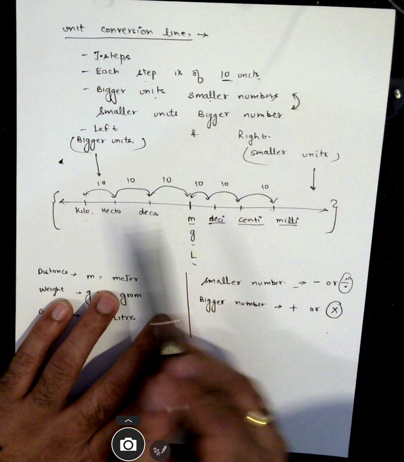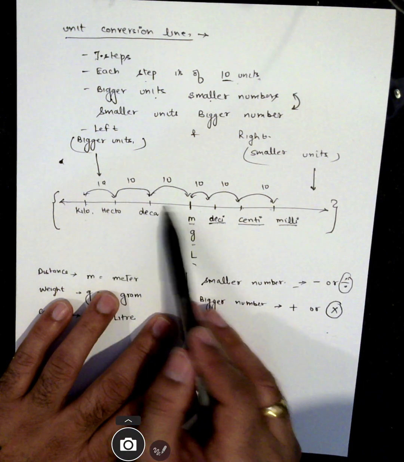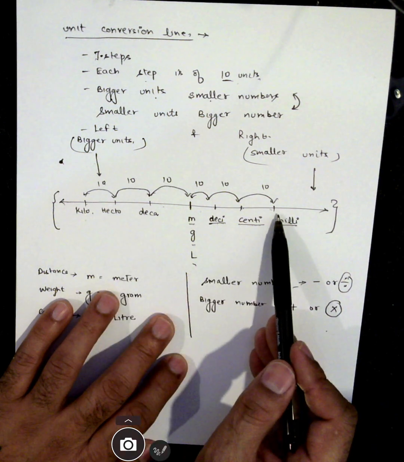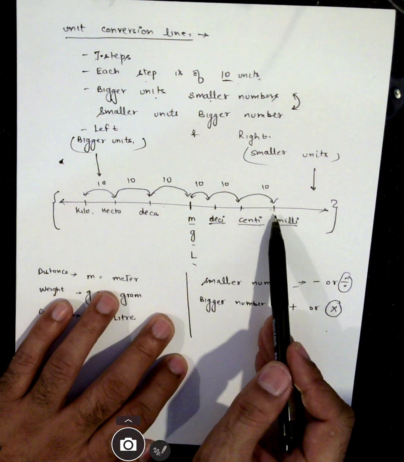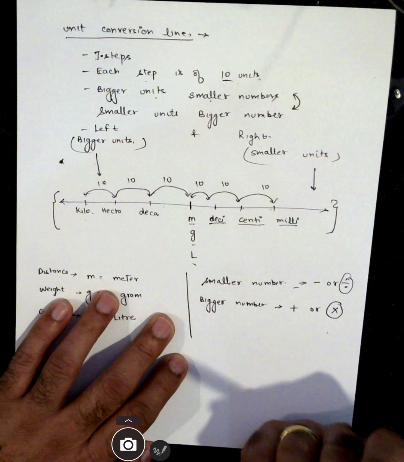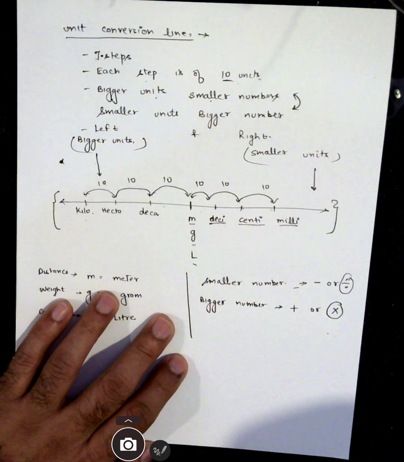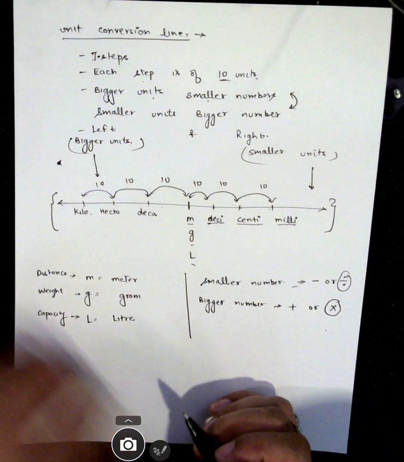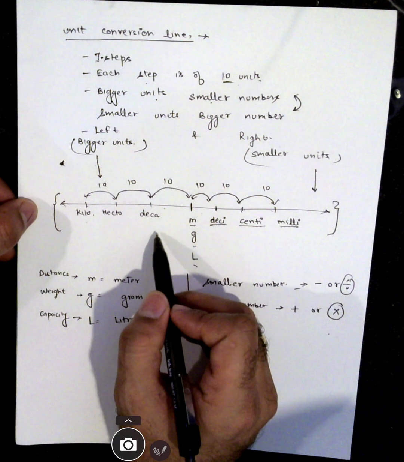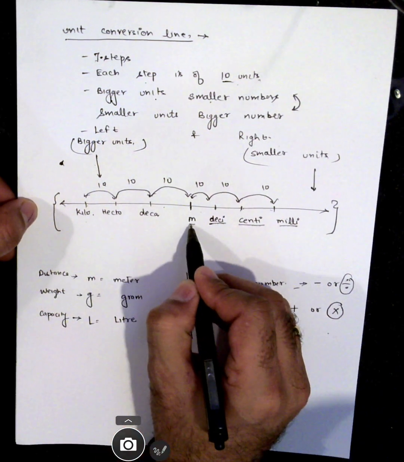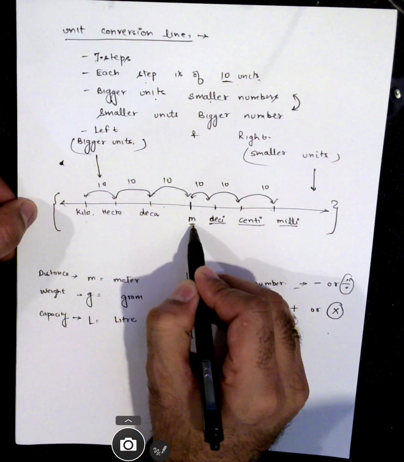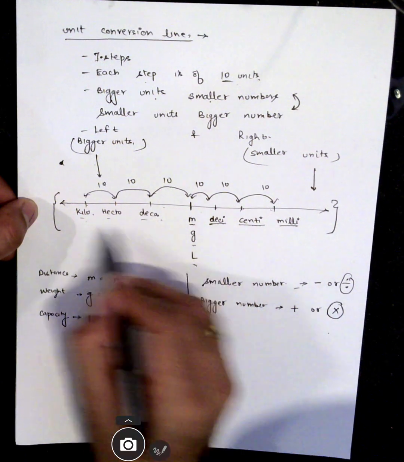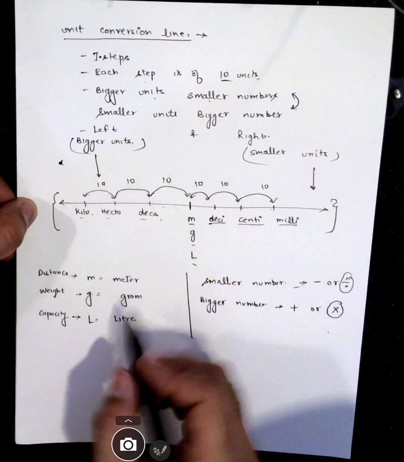What we are going to do is check how many steps we are away from first unit to second unit, which direction we are going, and based on that we're going to multiply or divide by the multiples of 10s. But before that, quickly for distance, we are going to use these keywords and make all the units.